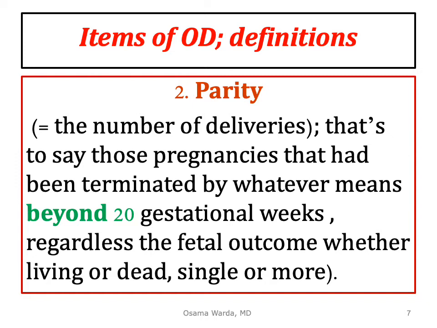What's meant by parity? Parity means deliveries. Parity is defined as those pregnancies that had been terminated after 20 weeks gestation. It is not important whether this pregnancy was a multiple pregnancy or a singleton pregnancy, whether the fetus is dead or alive, and so on.